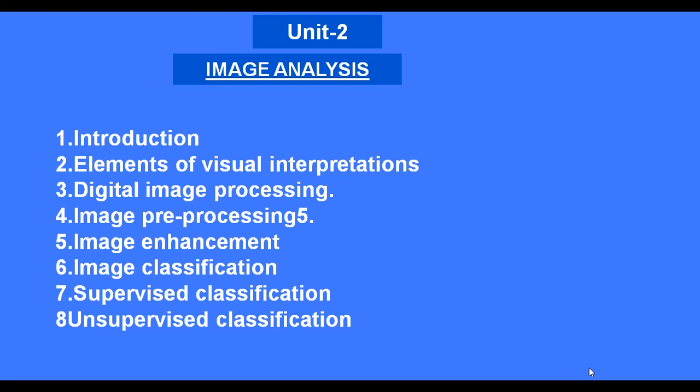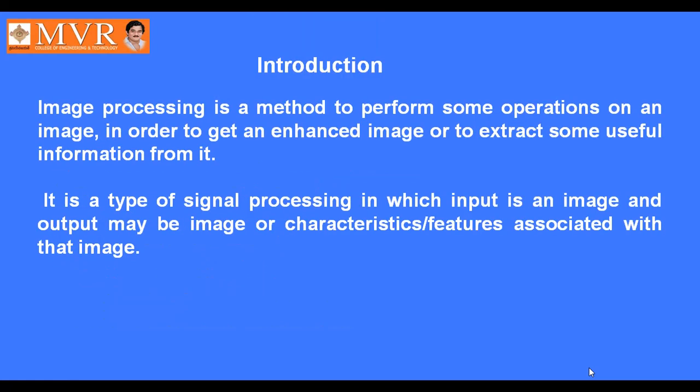In this chapter we will study interpretation, digital image processing techniques, pre-processing, enhancement, and classification. These are the mainly important topics in this unit. First, today we are going to discuss the introduction.